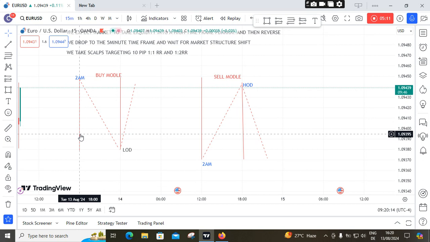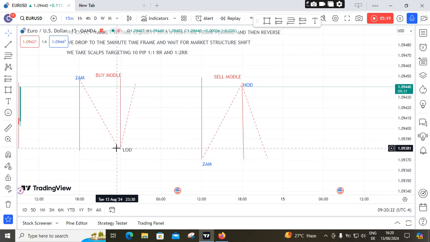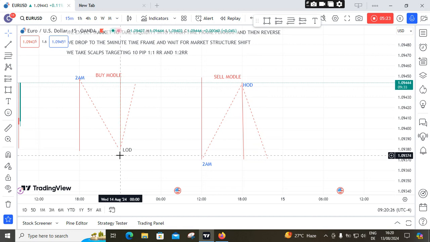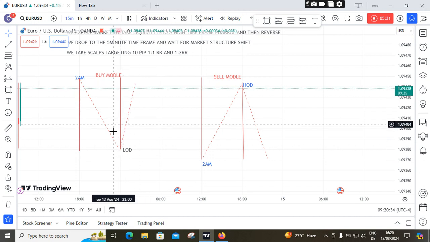So we mark 2 a.m. and we start counting those 15-minute candles until they are 12. So when they end and we see a clear sweep of liquidity, we start looking on the 5 minutes time frame for the change of character or market structure shift in order for us to buy, and we take the ride up.